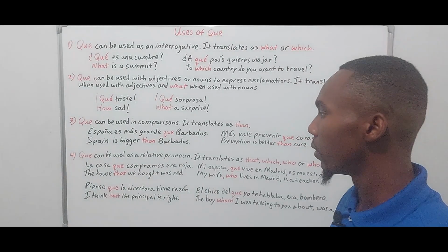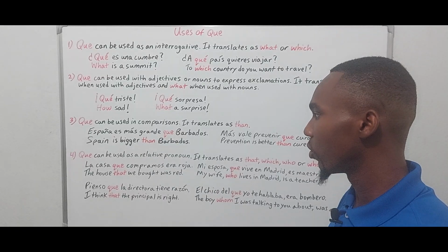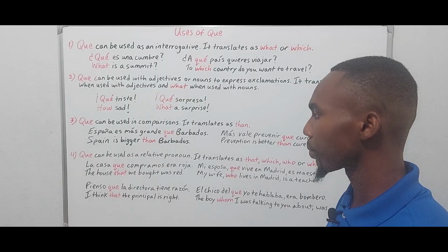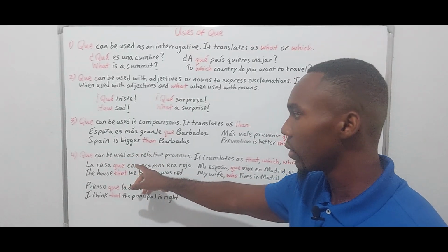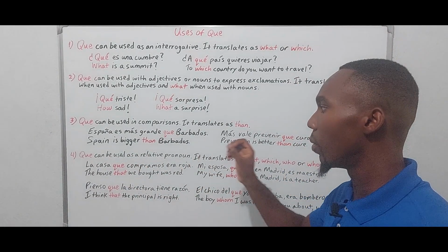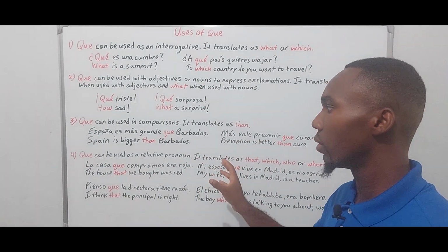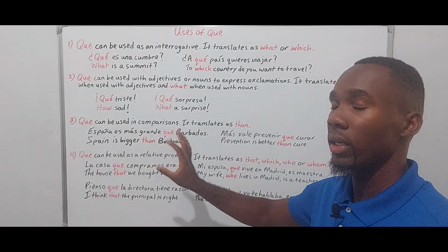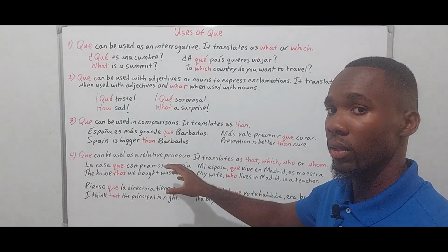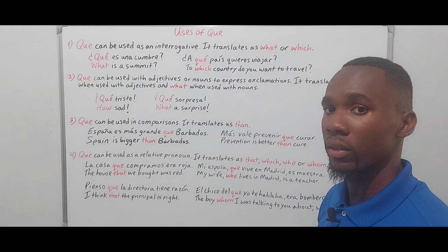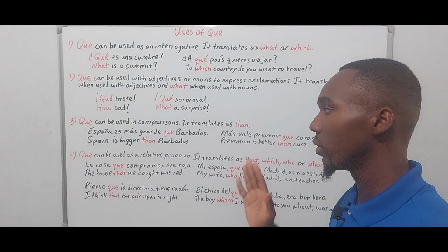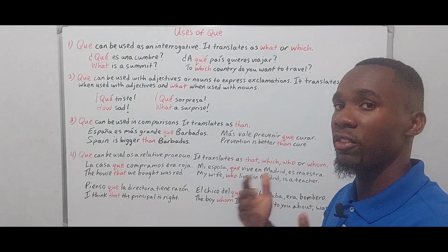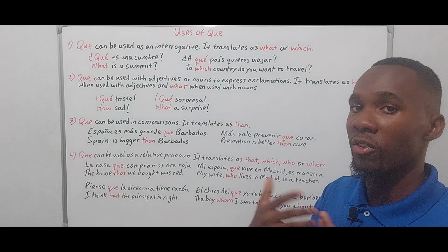All right. La casa que compramos era roja. The house that we bought was red. So we have la casa, which is the subject. Que compramos, that we bought. So the that introduces additional information. Everything that follows the that explains or provides further information about casa, which we already know.